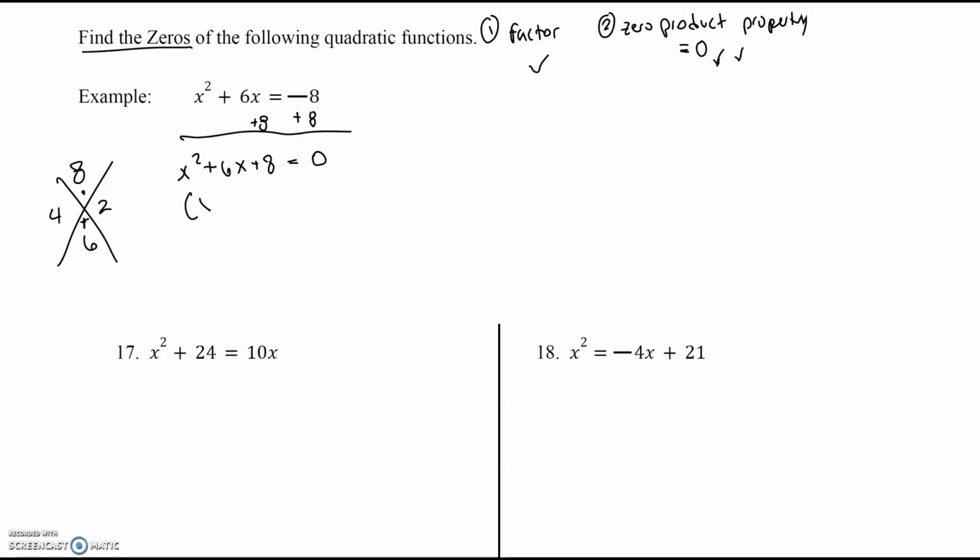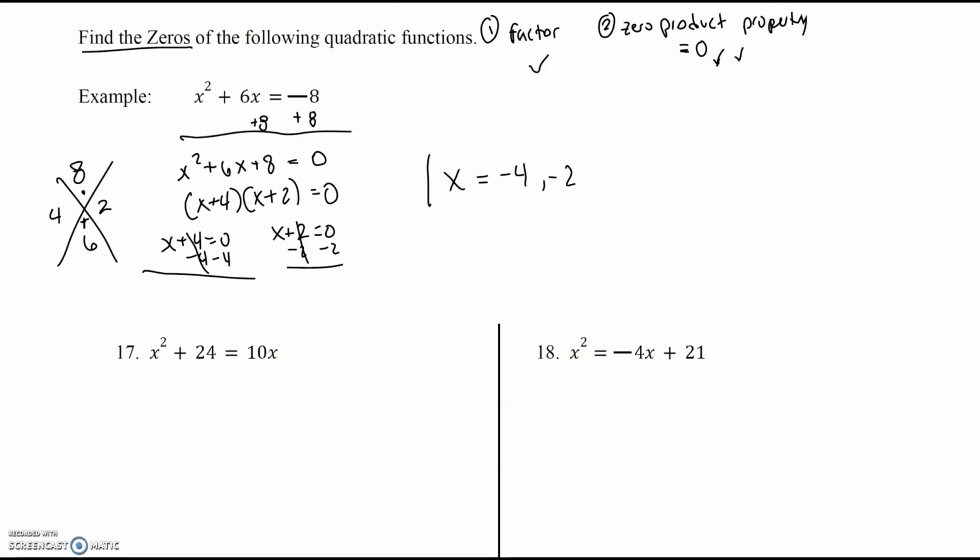Those numbers happen to be 4 and 2. So this factors to x plus 4 times x plus 2 equals 0. And then we take each of our factors, x plus 4 and x plus 2, set them equal to 0, and we solve for x on both, giving us x equals negative 4 and negative 2.